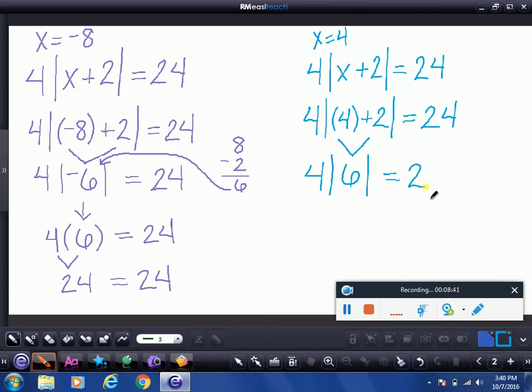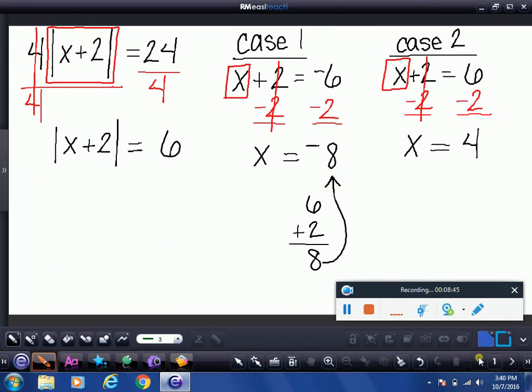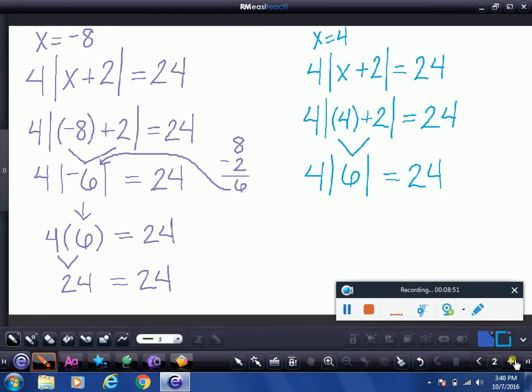And if you remember, in case 2, that was the answer that we had, right? Case 2 equaled positive 6. So again, we know that our absolute values are always positive numbers. 4 times positive 6 equals 24.